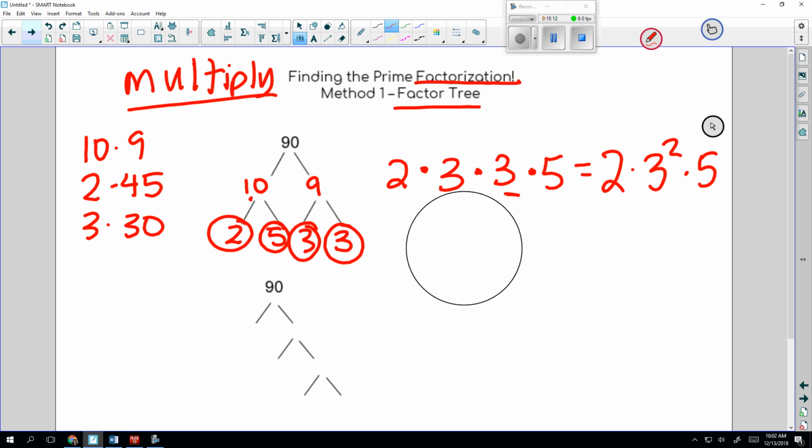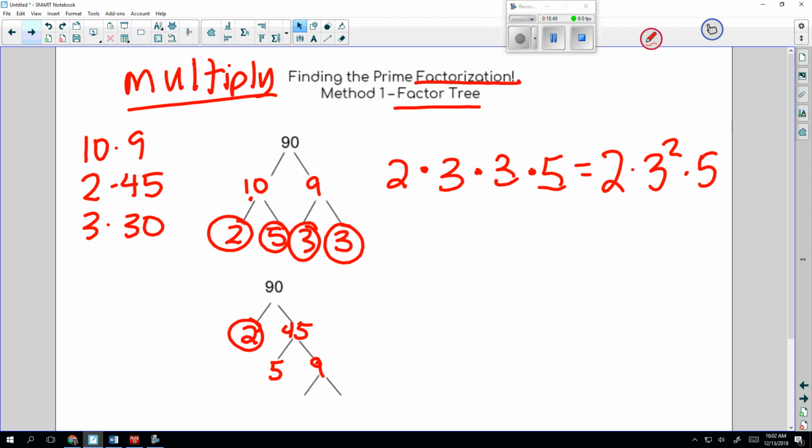Now I want to show you that you don't always have to start with the same number. This is the cool reason for factor trees: you can start with any one. So 90, what's another way that I can make 90? 2 times 45. Is 2 prime? Yes, so we're going to make it an ornament. What about 45? No. So what are the factors of 45? 5 and 9.